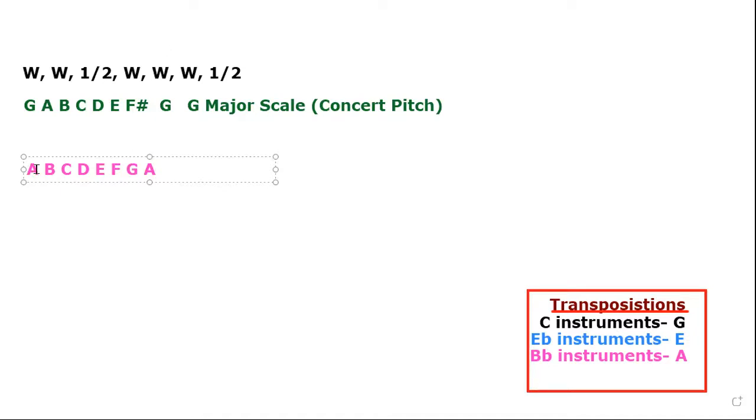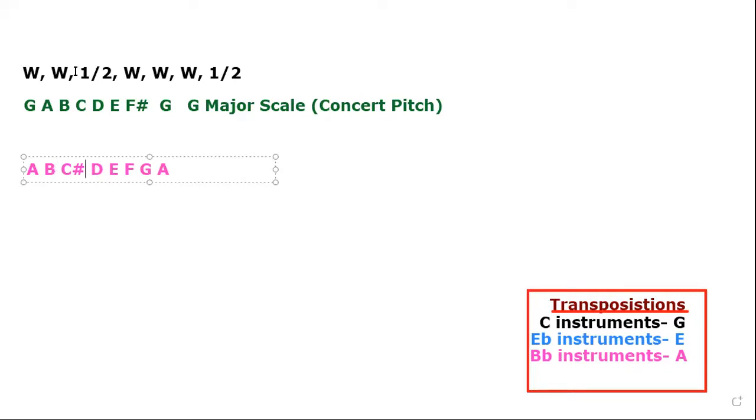You need a whole step between the 1st and 2nd scale degrees. In between A and B is a whole step, so we're good to go. We need another whole step, so we have to raise this C to a C sharp, because that's only a half step if it's just C.